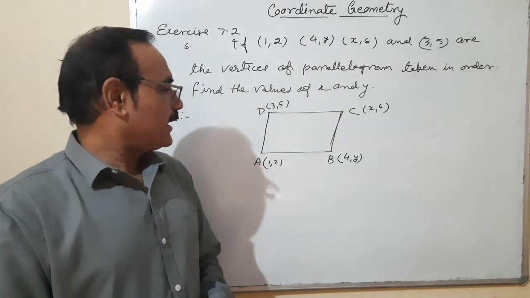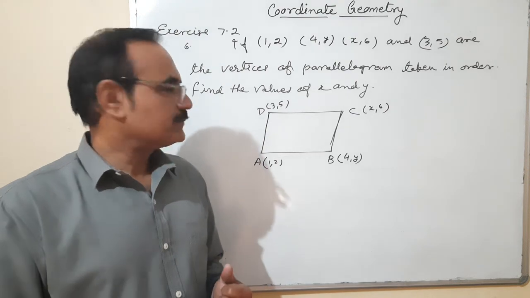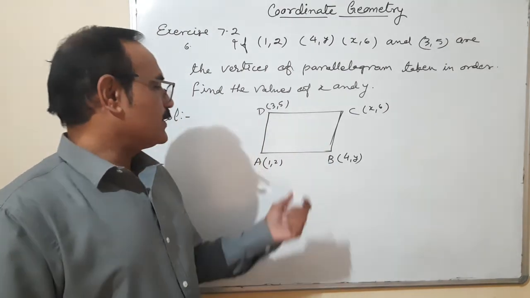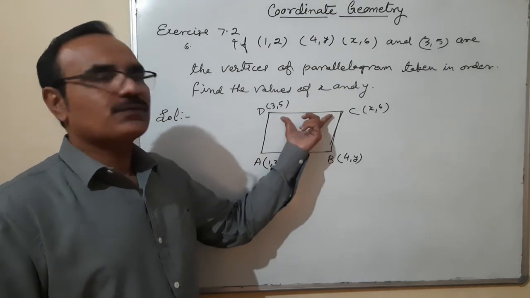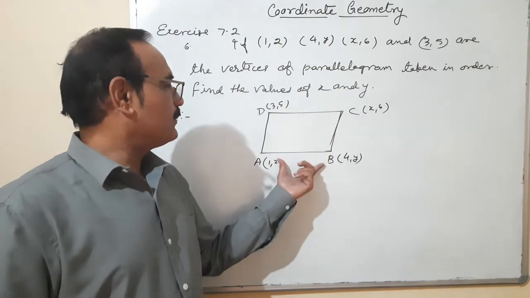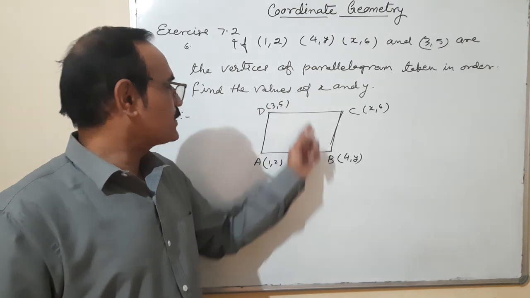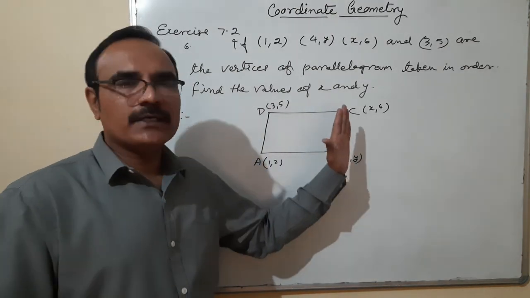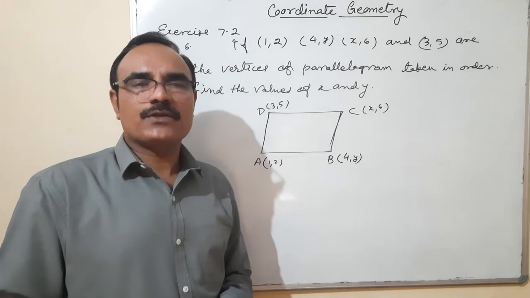Okay. Here we have 2 options. Option number 1, because we know that one property of a parallelogram is that opposite sides are equal. So we'll use the distance formula for AB and for CD, comparing AB is equal to DC, getting an equation in x and y. Second, we take AD is equal to BC, getting another equation in x and y.